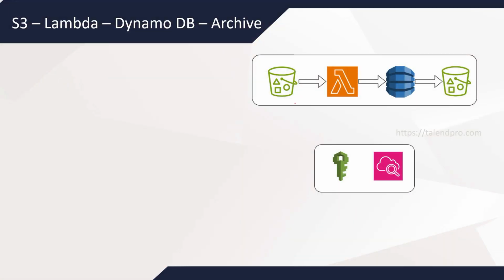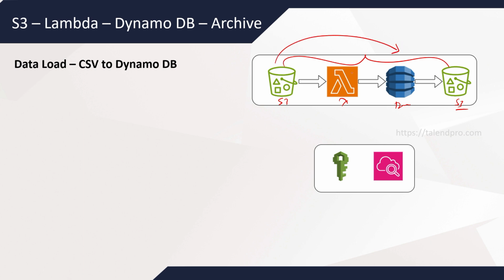In order to achieve this data pipeline, we have to interact with multiple AWS services. As you see, S3 and then Lambda and DynamoDB, and again another S3 and Lambda connection. In order for this Lambda to load the data from S3 to DynamoDB, you will need two levels of access.